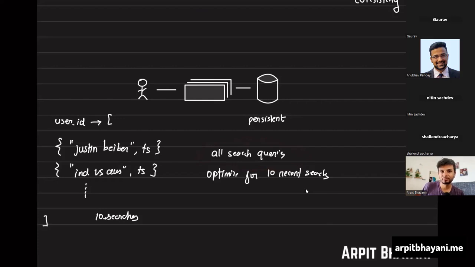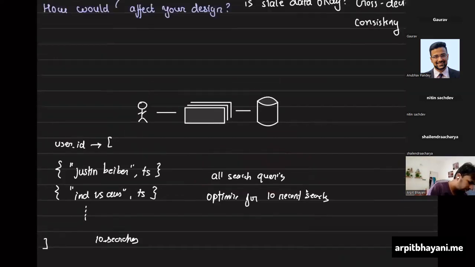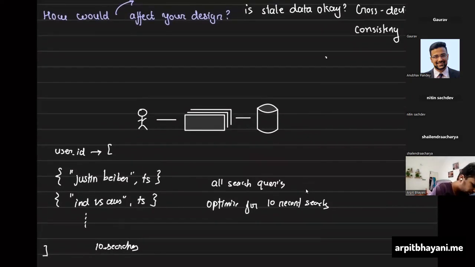We have to first think about the schema, as we always do. There is a text that is being searched. You may also look at a few other things, like the timestamp.